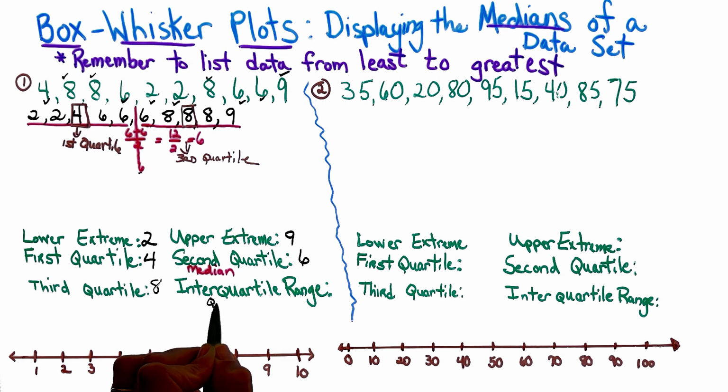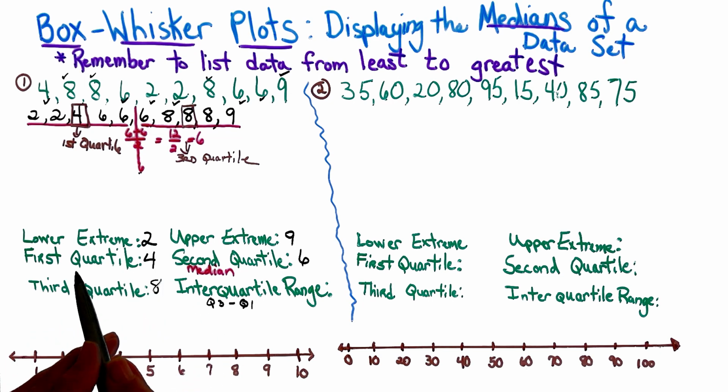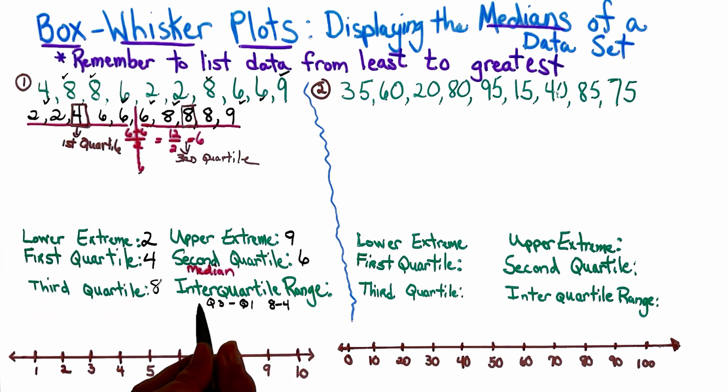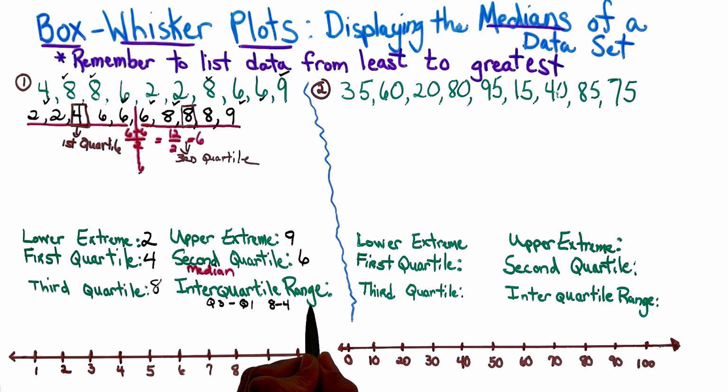It's just your third quartile minus your first quartile. So for our interquartile range, my third quartile was an 8. My first quartile was a 4. So the interquartile range is actually equal to 4. All important information for us to know.